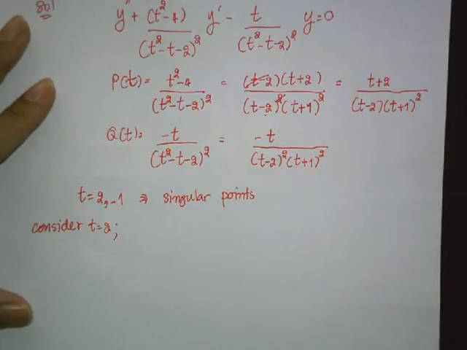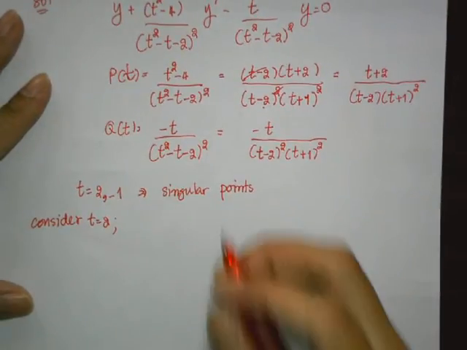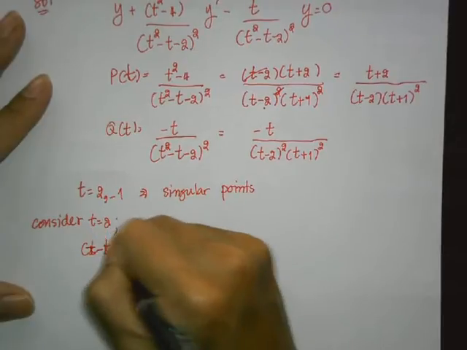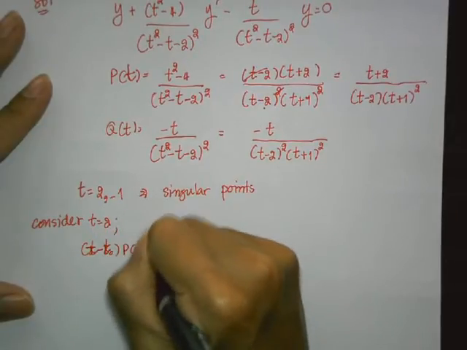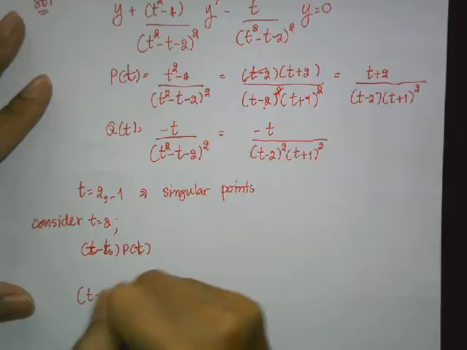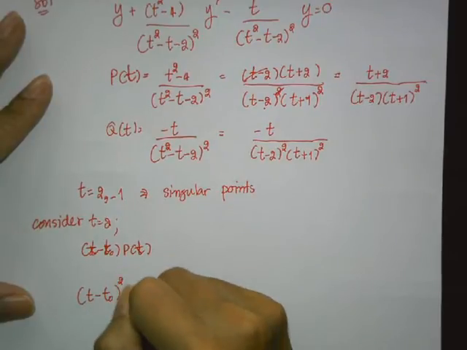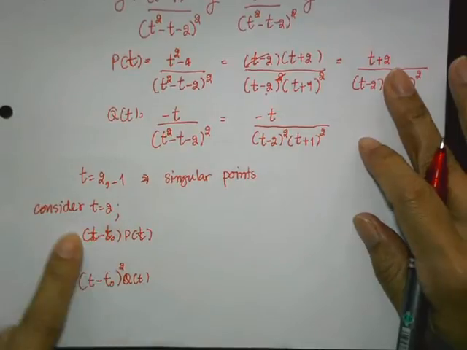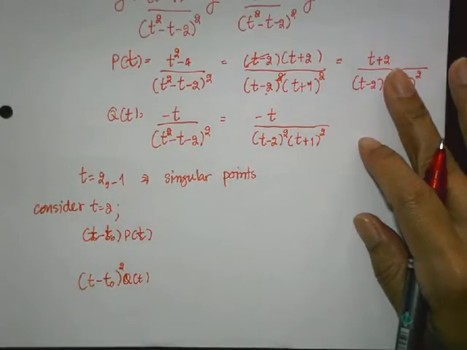We have two criteria: t minus t0 times p(t), and t minus t0 squared times q(t). These are the two functions that we use to define whether our singular point is a regular or an irregular singular point.